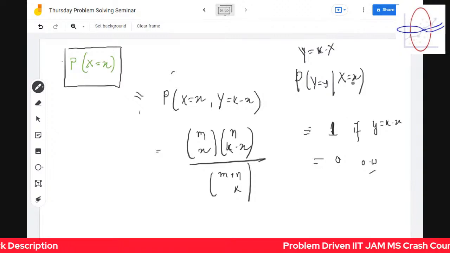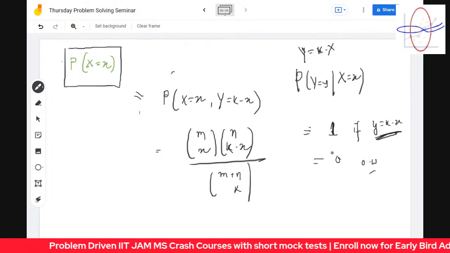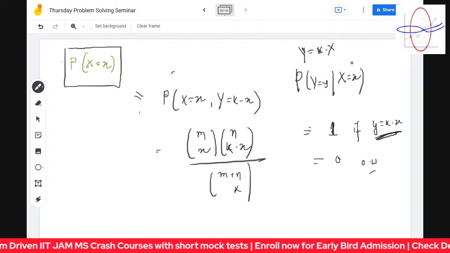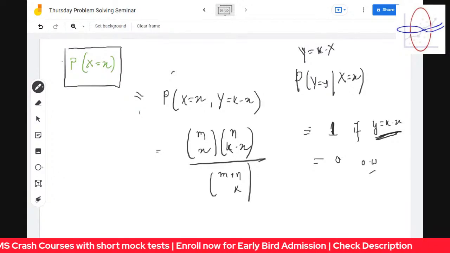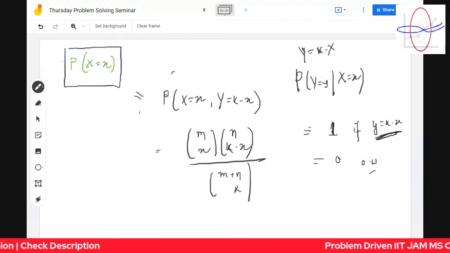Given X is equal to x, there is only one possible value of y that can make the committee, that is K minus x. Others will be 0. Given x, you know that the number of women in the committee is x. Now you're trying to find the probability of the number of men. There's only one possibility for the number of men, that is K minus x.